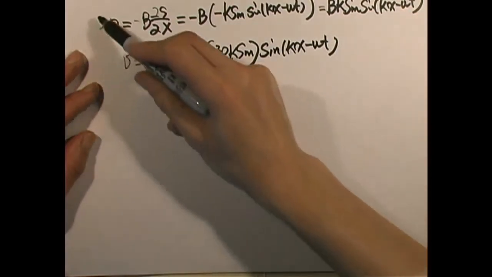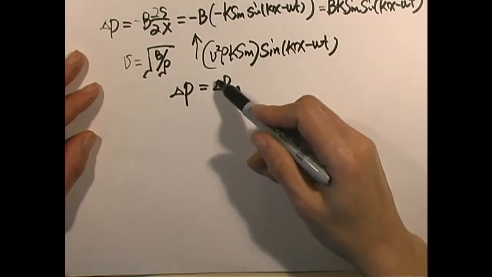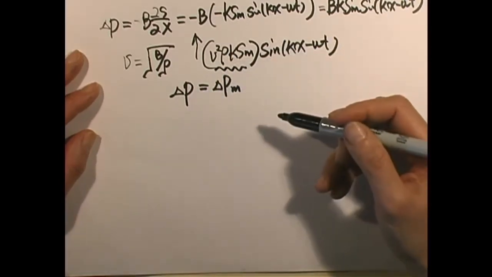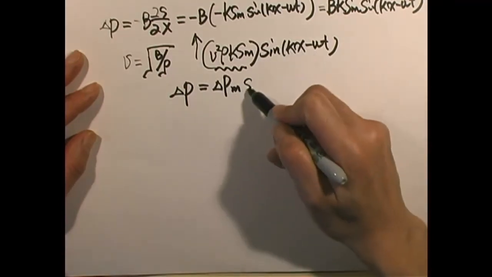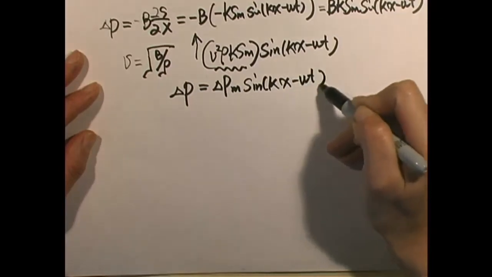So what we have left is the change of pressure equals delta P_m, which is just a bunch of constants we define as the pressure amplitude, times sine of kx minus omega t.